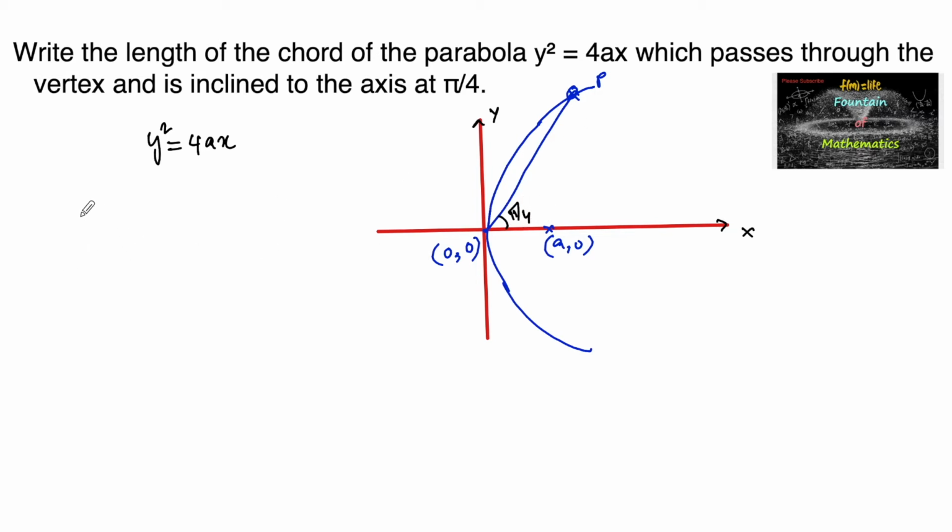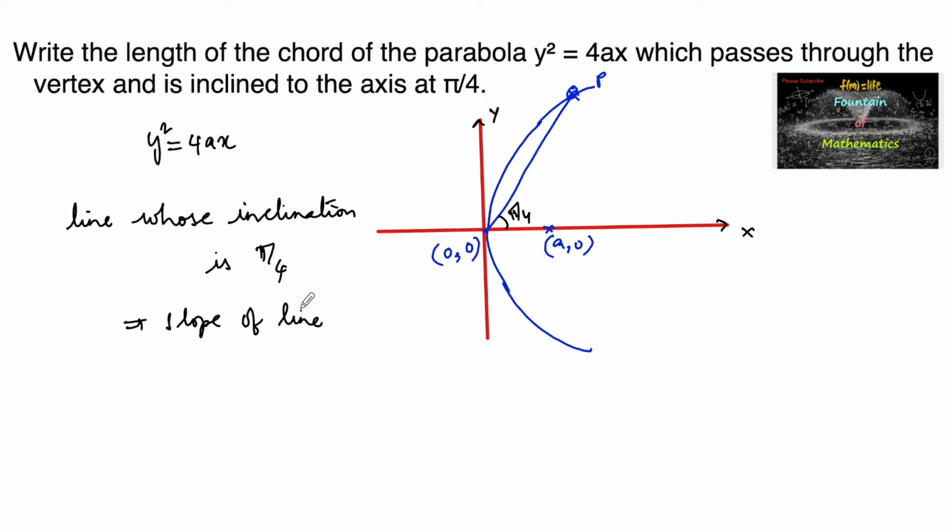Since for the line whose inclination is pi by 4, the slope of the line can be taken as tan pi by 4. So tan pi by 4 is 1, so the slope is 1 for the chord.